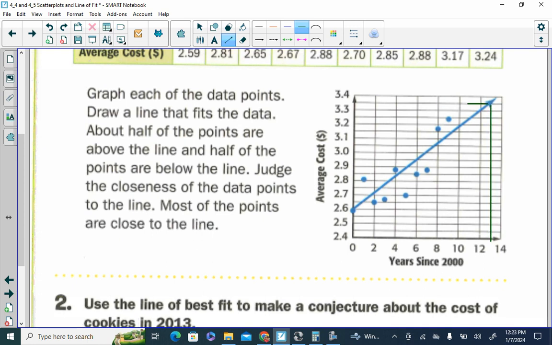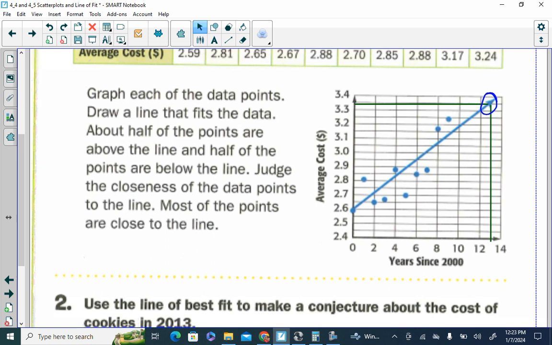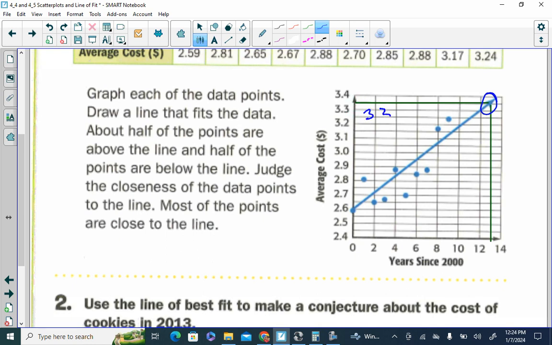So we want to know this value here. At year 13, it looks like that's going to be $3. Let's fix that line, if I can. There we go. Right, and it looks like at year 13, it's going to be $3.35, because it's right in between 3.3 and 3.4, so that'll be 3.35.